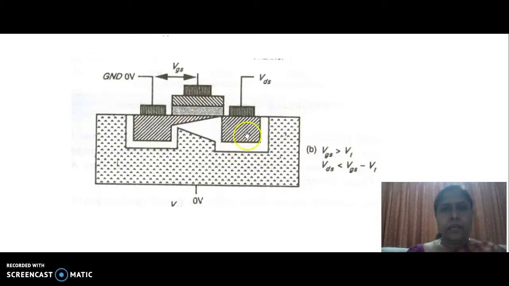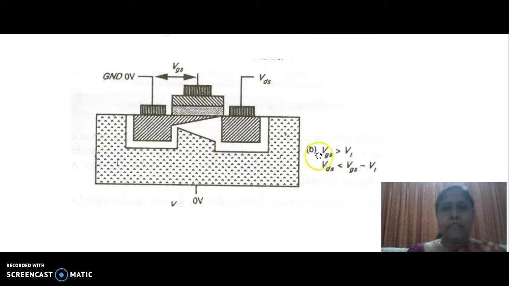As we increase the drain to source potential, the amount of current that flows between drain and source increases. The region of operation of the MOSFET is said to be non-saturation region of operation. In this region, the current is proportional to VGS as well as VDS.